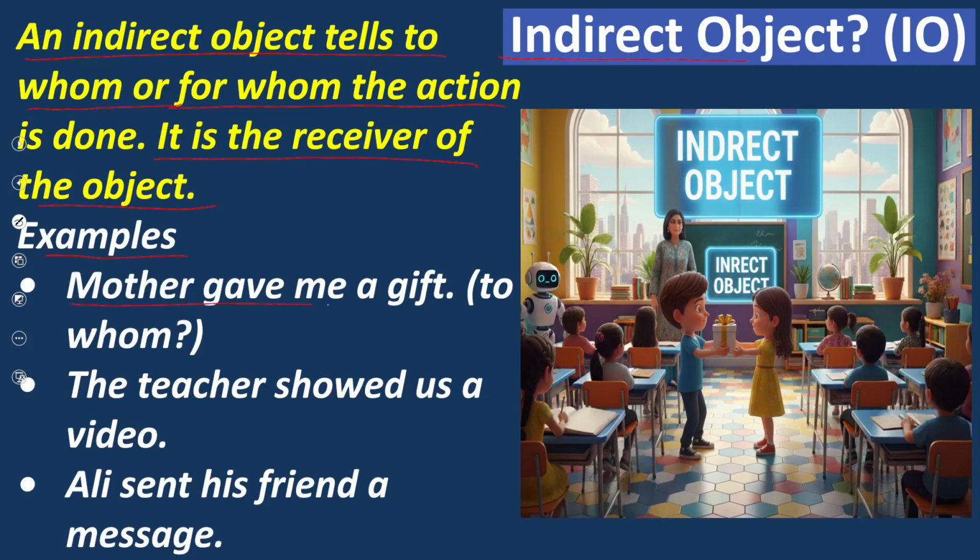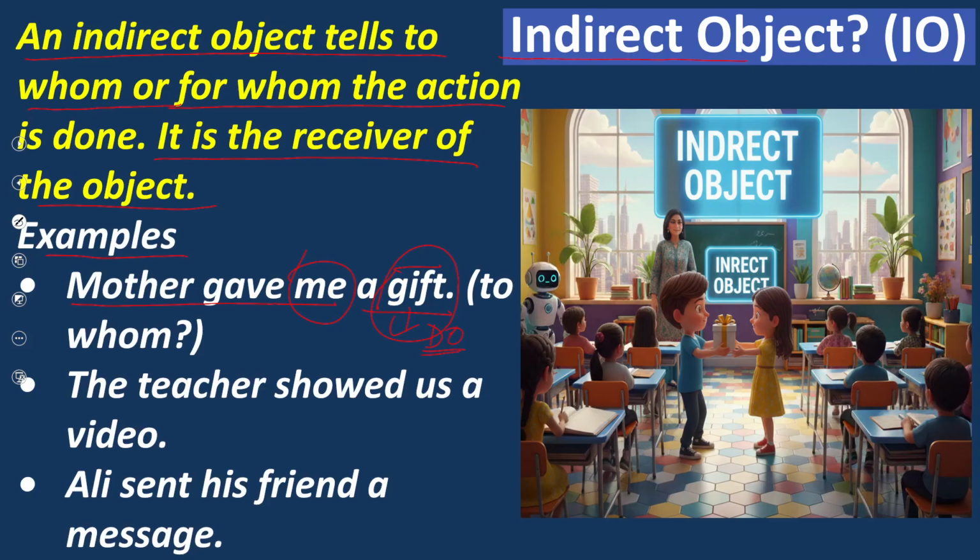Mother gave me a gift. Here is one object, a gift, and the second object. Look at this. To whom is the gift? Yes, mother gave me a gift. To whom? Me. Yes, what did the mother give? A gift. So it means that gift is the direct object.